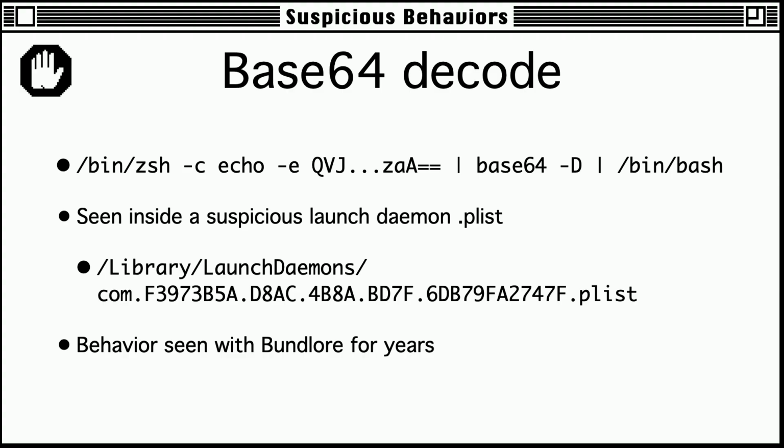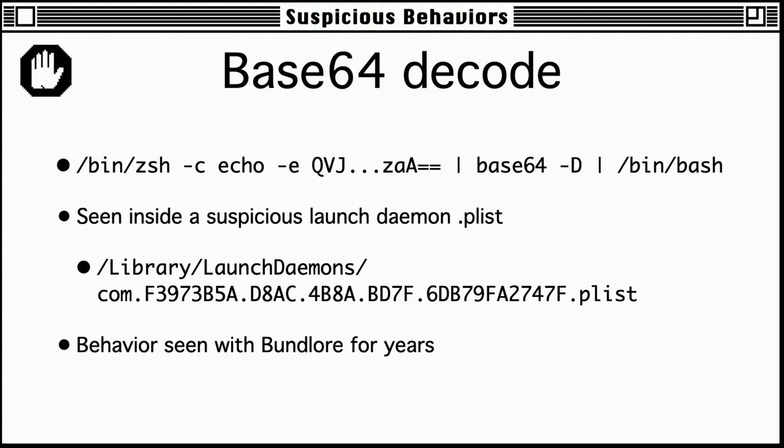So you've got your antivirus sitting there looking at this file. Honestly, an antivirus looking at a file like this should say, hey, wait a minute, why is it piping something into base64 to decode it and then into bash? But it can't see that payload, so that's part of the purpose of doing this.